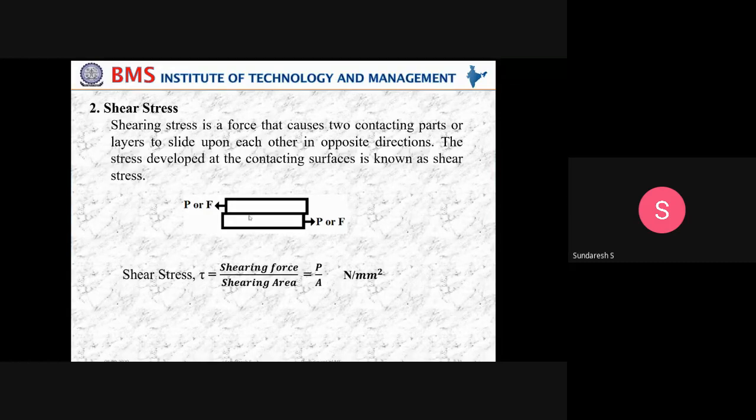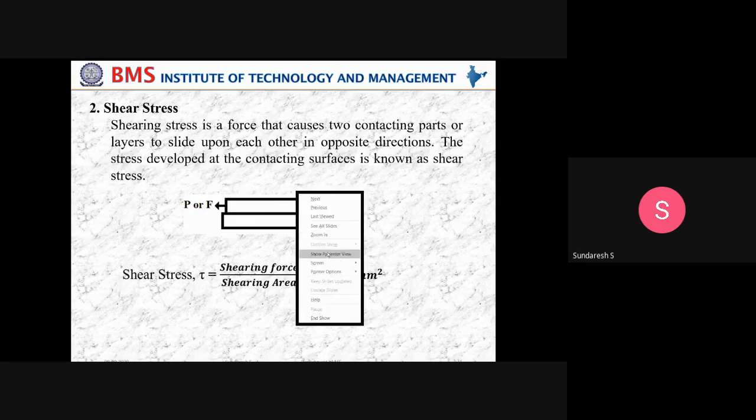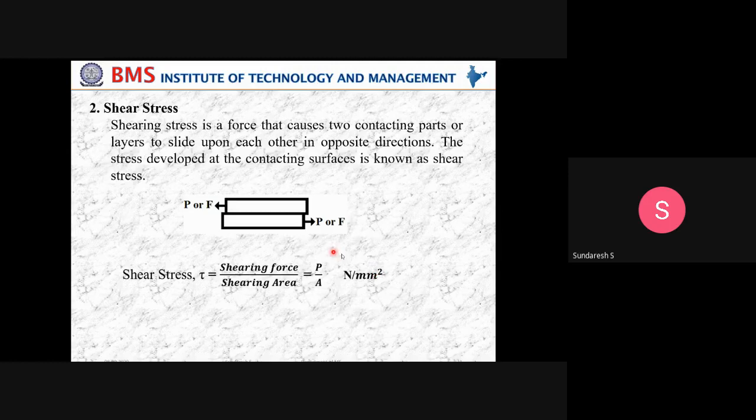So when you look at the diagram over here, this is one part and this is another part. You are applying a force F in this direction and the below is subjected to another direction, when these two members are bonded together.